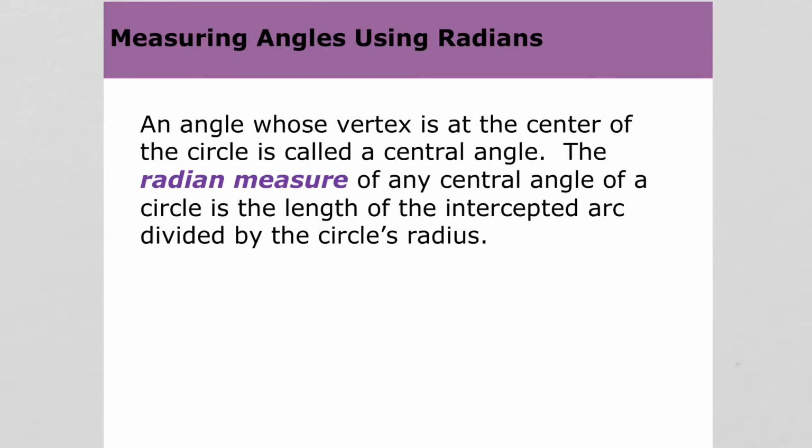Radians. Let's read this. An angle whose vertex is at the center of the circle is called a central angle. The radian measure of any central angle of a circle is the length of the intercepted arc divided by the circle's radius.